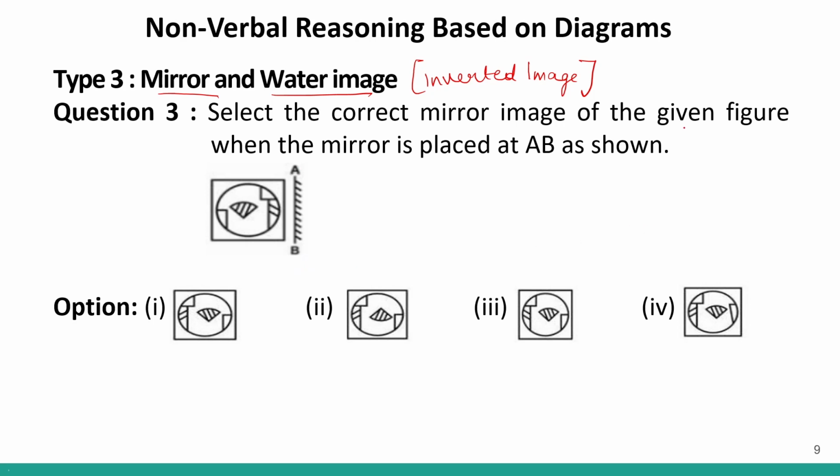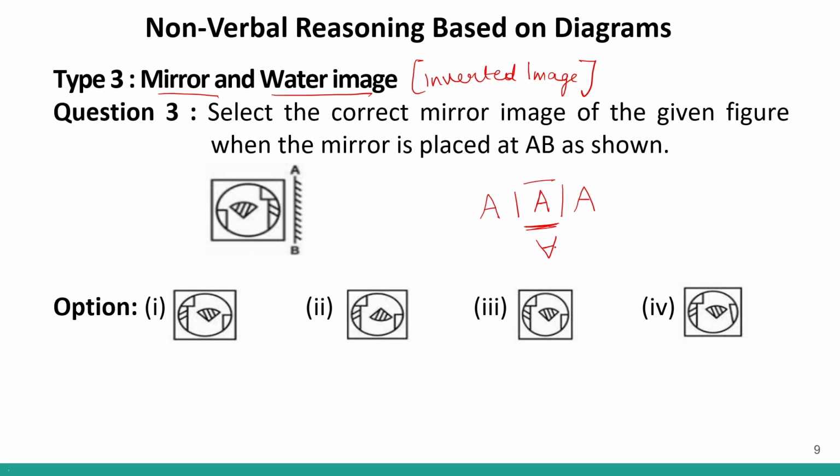For example, I have A, or I have something like this. Let's say the mirror is placed in these four positions. So, over here, the reflection will be the same, because if you invert A like this, the reflection is the same. But over here, if we are talking about this mirror, the reflection will give me something like this.